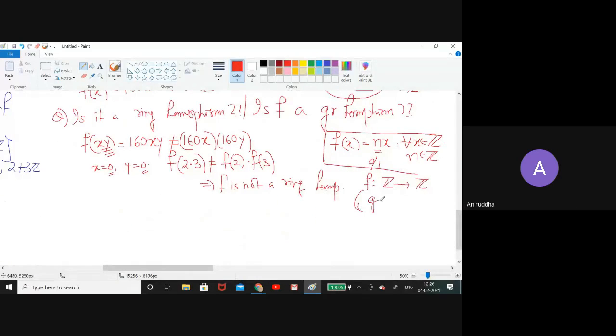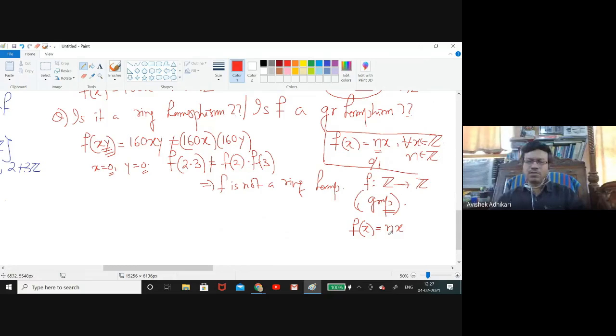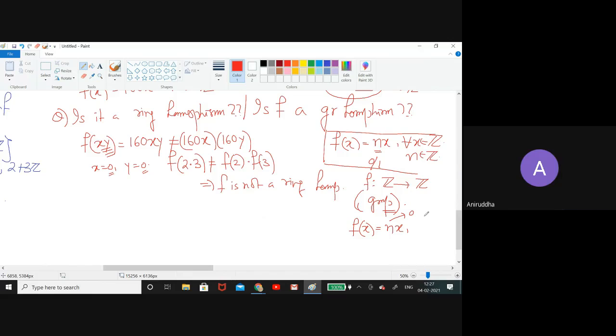Sir, f(x) goes to nx. Okay, somebody says f(x) goes to nx, where n belongs to Z. If n becomes 0, then what will happen? Will that be a group isomorphism?